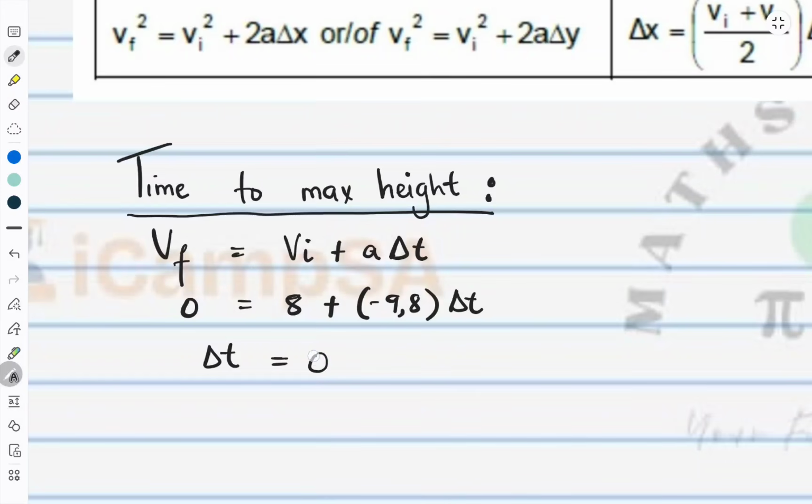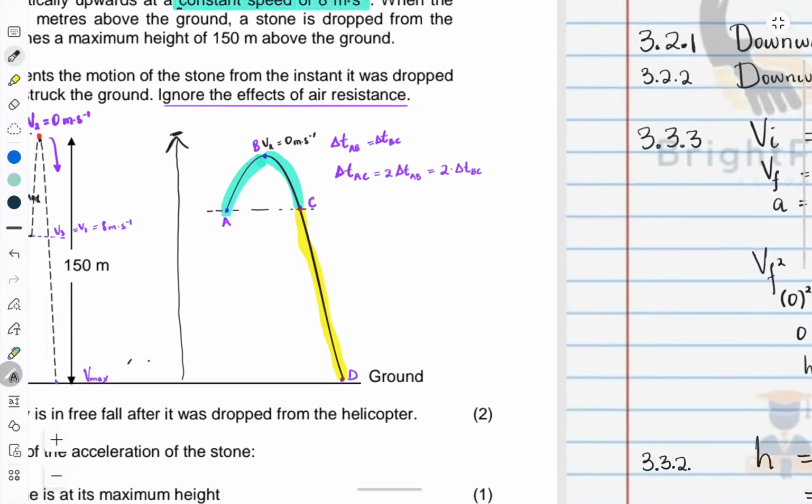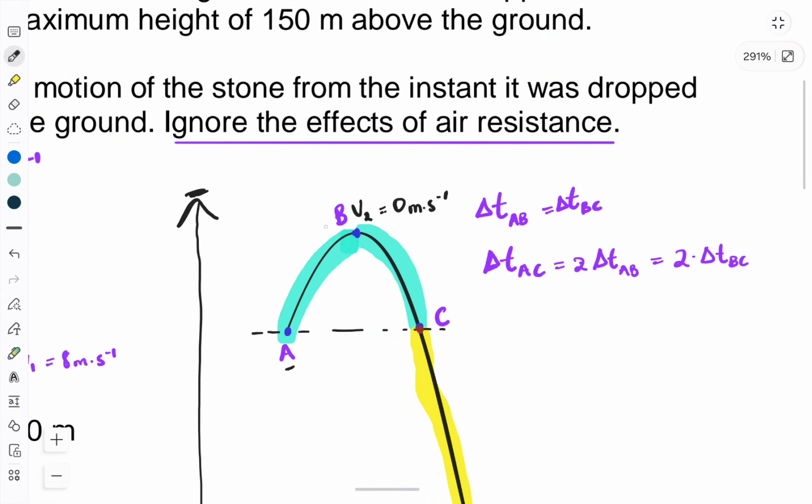That is 0.82 seconds. So remember, this is A to B. So we just found the time from A to B.